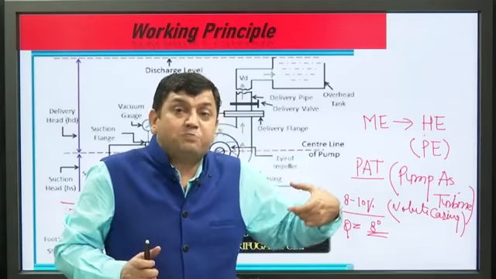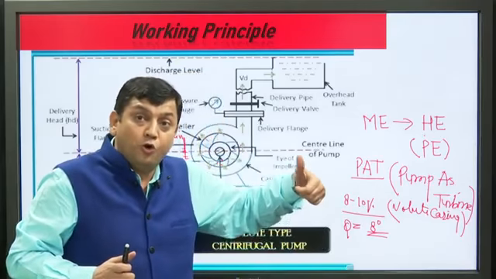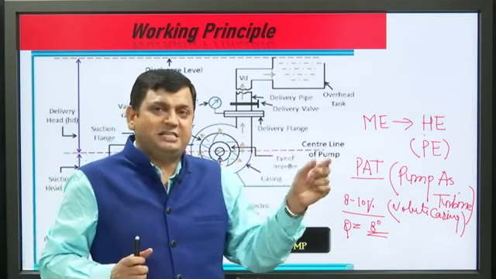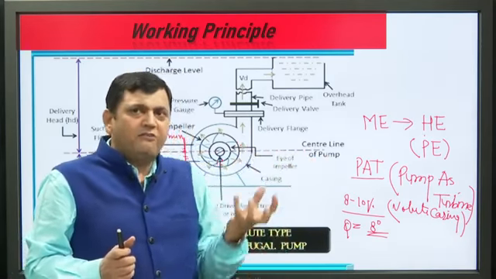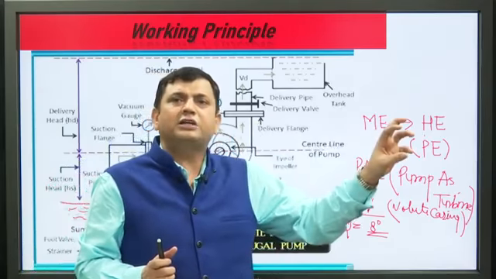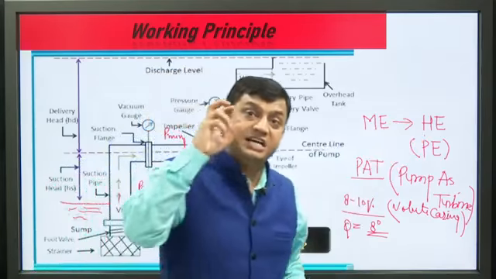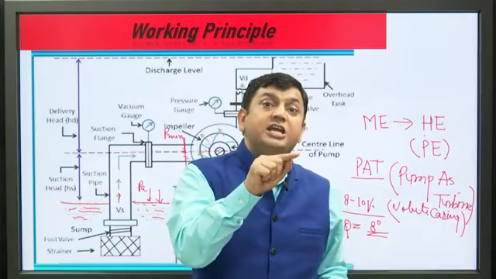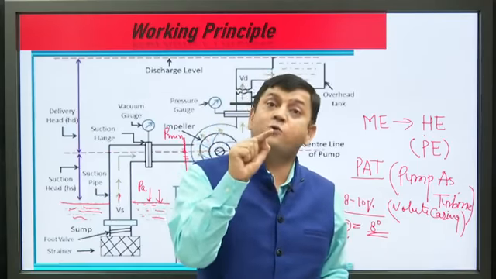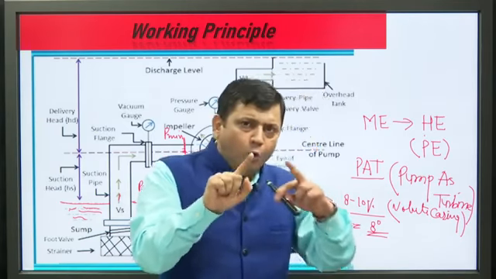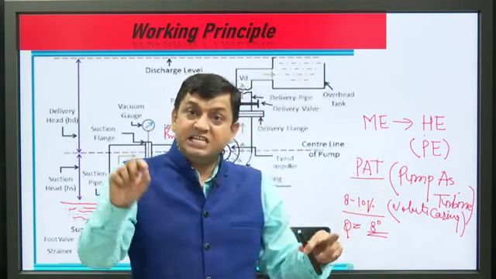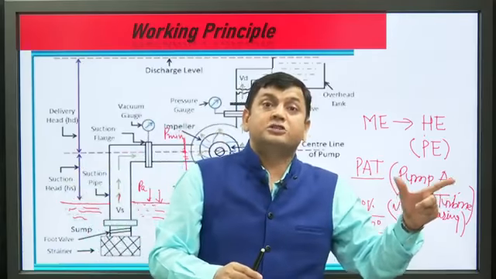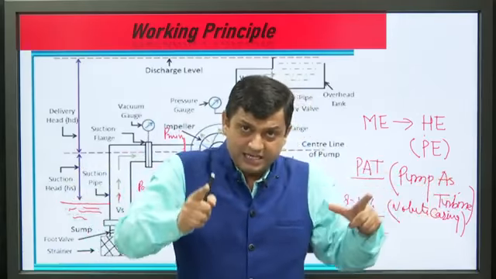There is a chance because pressure is minimum. If it goes below the vapor pressure, bubble formation takes place. With the help of the flowing liquid, the bubbles go to a higher pressure zone and bursting takes place. This action is known as pitting, and this whole concept, from bubble formation to bursting, is known as cavitation.